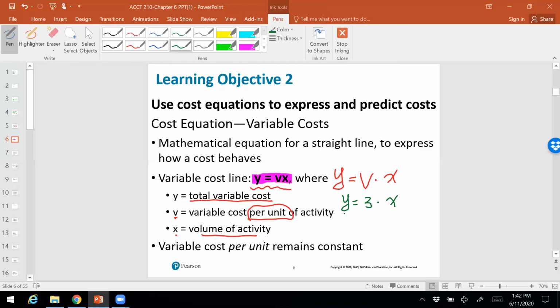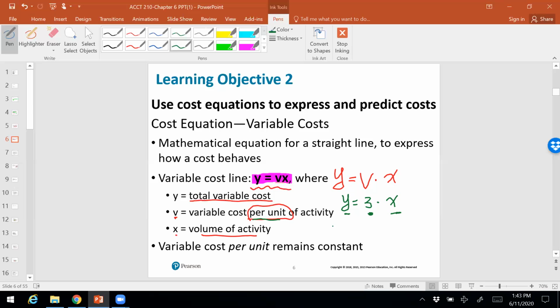So y is my total cost. 3 is the V, the slope. That means for 1 more guest, my cost will increase by $3. This is per unit of activity. For each 1 guest, the cost is $3. And x is the volume of the activity, how many guests I will have.